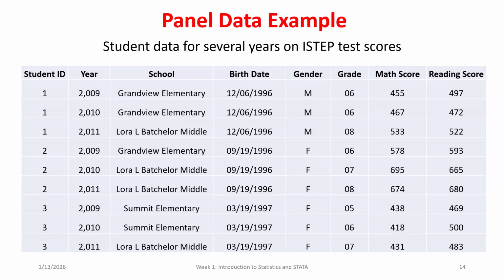Yeah. So if you took the ISTEP in 2009, 10, or 11, I have data on you. I don't have the actual name, just your identification number through the state, but you can go out and request this type of data where I've got the same student. So student ID 1, I have their ISTEP score in 3 different time periods, and I have that for multiple students. So that would be an example of a panel data set.